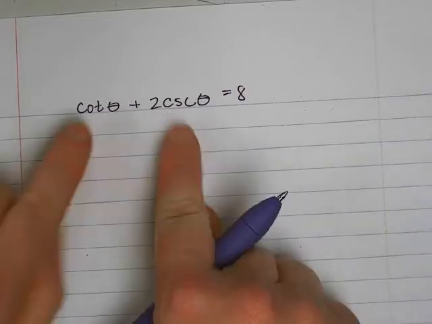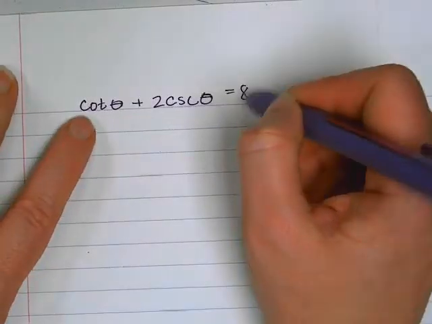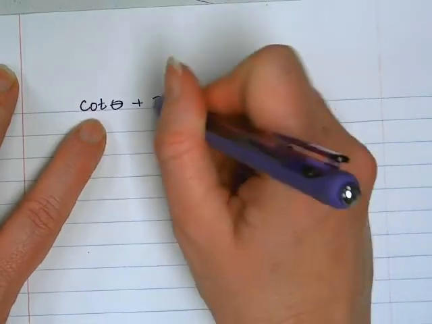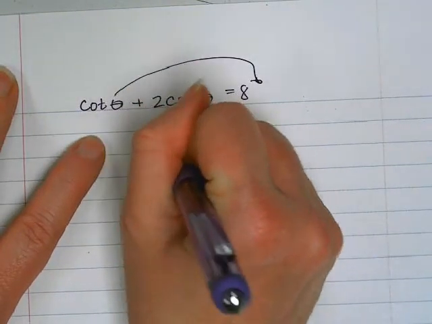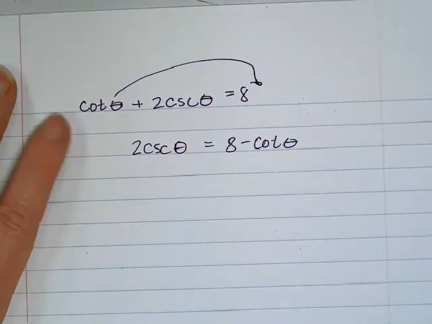It'll work if you just square it like this, but it's actually easier to square them if you separate the two functions. Because this has a coefficient, I'm going to move the cotangent over, so it's 2 cosecant theta equals 8 minus cotangent theta. Then I'm going to square both sides.